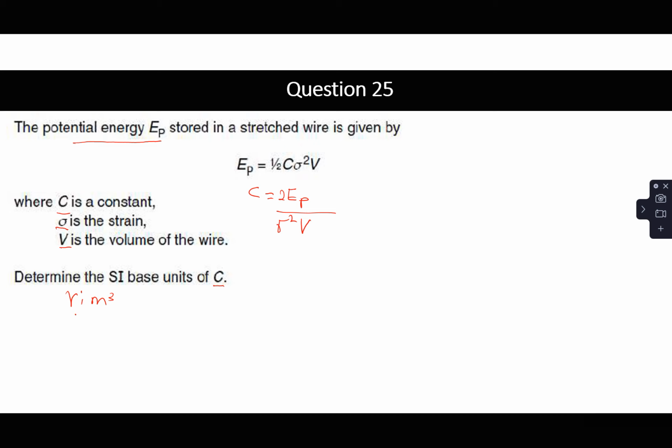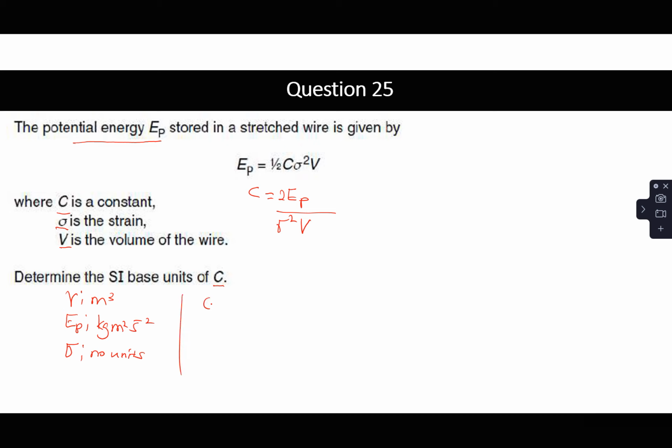Then EP is potential energy. We have already seen the base units of energy are kilogram meters squared S power negative 2. And then sigma is strain. Strain is extension over original length. So strain has no units, because extension is in meters, original length is in meters.